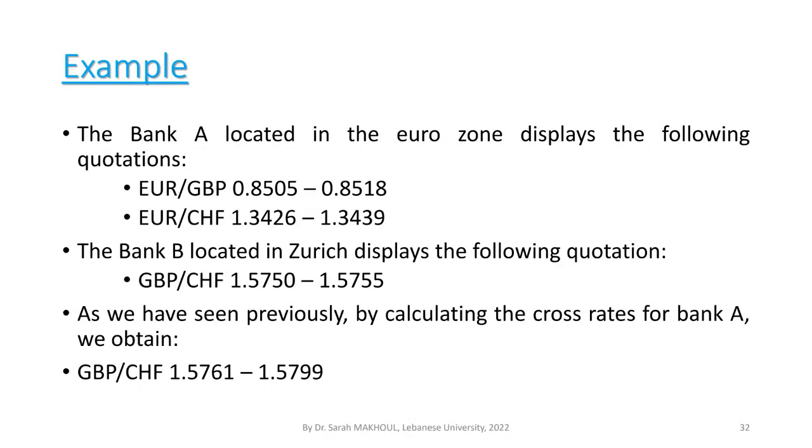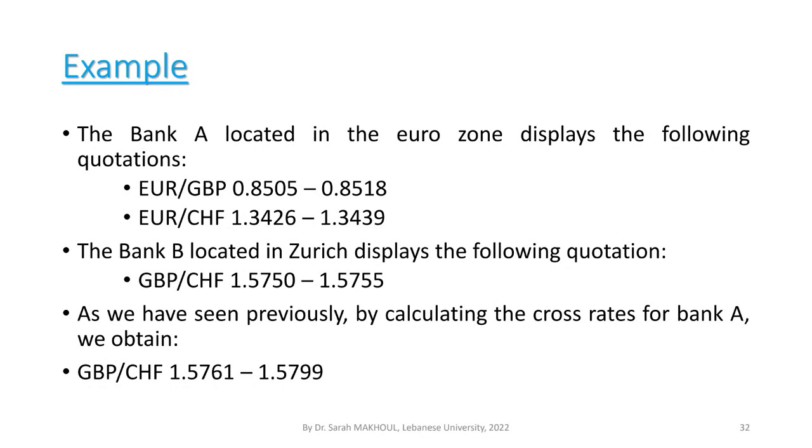For example, if bank A is located in the Eurozone and is displaying the following quotations between euros and English pounds, we can check bank B, which is located in Zurich and giving the following quotation. So we have done the calculation for bank A, and if you are crossing rates between bank A and bank B, you will see the difference.